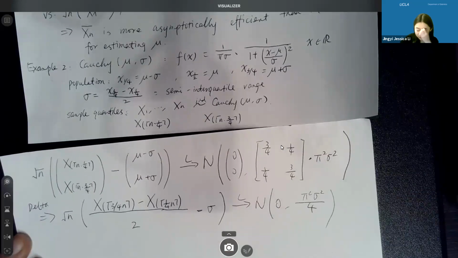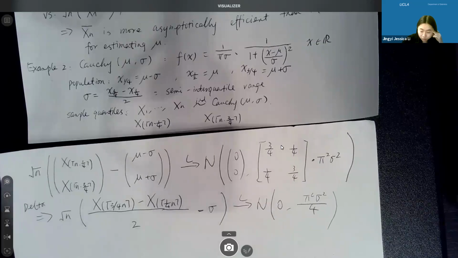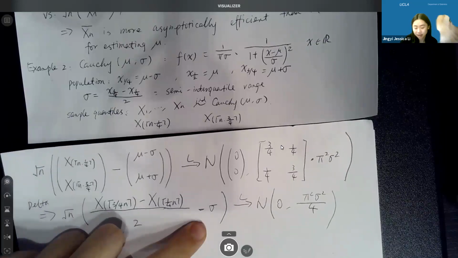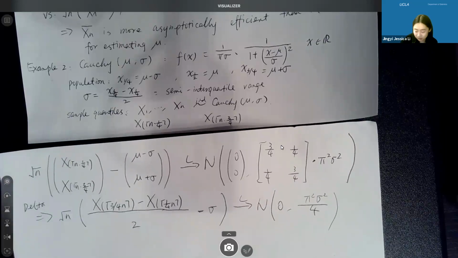So therefore, you see one case where we can use sample quantiles to help us construct an estimator for this parameter sigma, even in the case when we don't have moments.